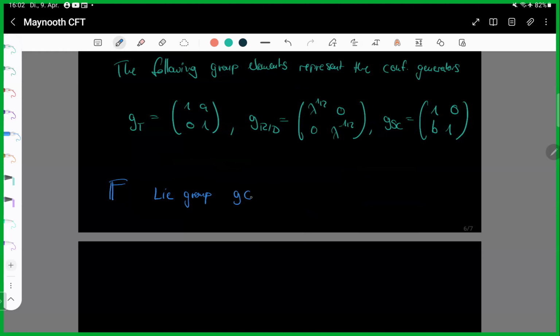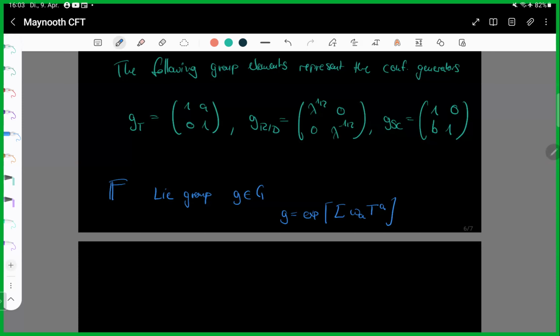That means you have some g in a group G. Then you can rewrite g as the exponential of a sum over some parameters. What do I call them? Omega A, and then something, let's call them the generators, let's call them T. I think this is fairly standard notation in the mathematical literature.